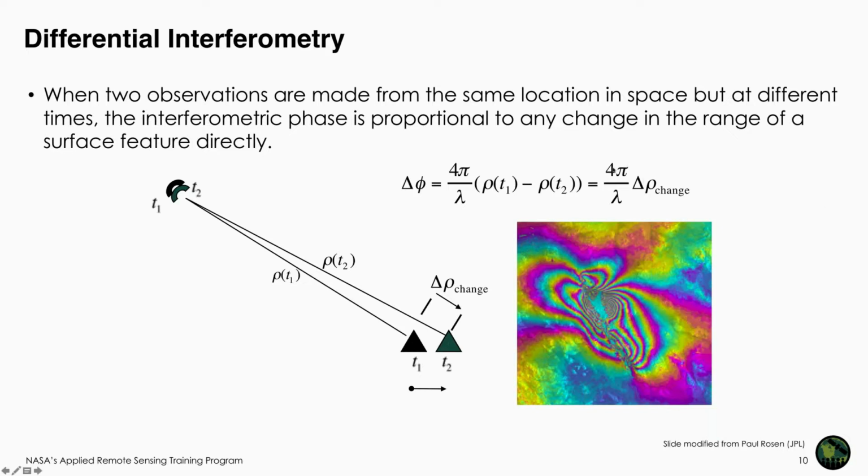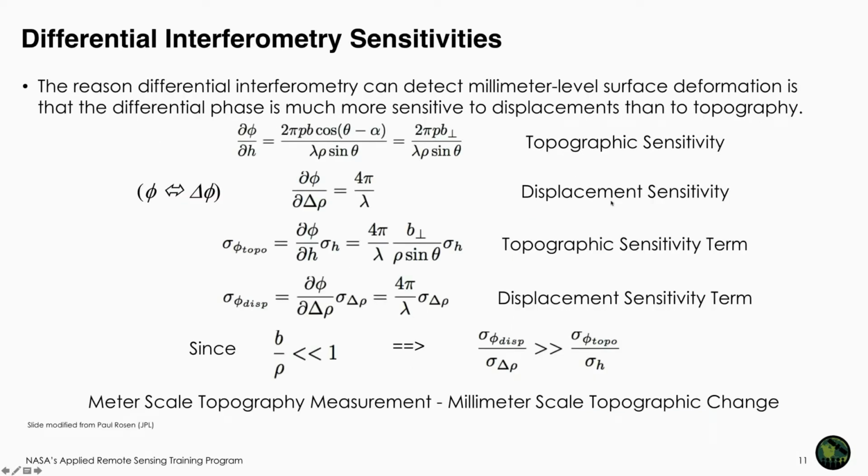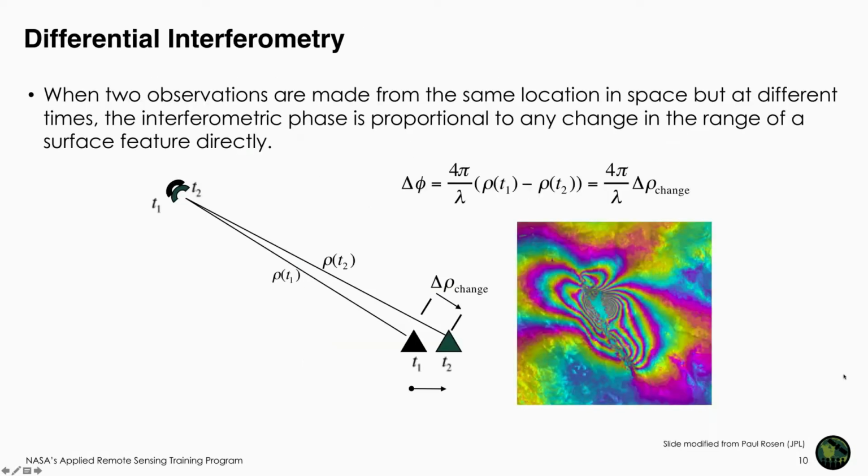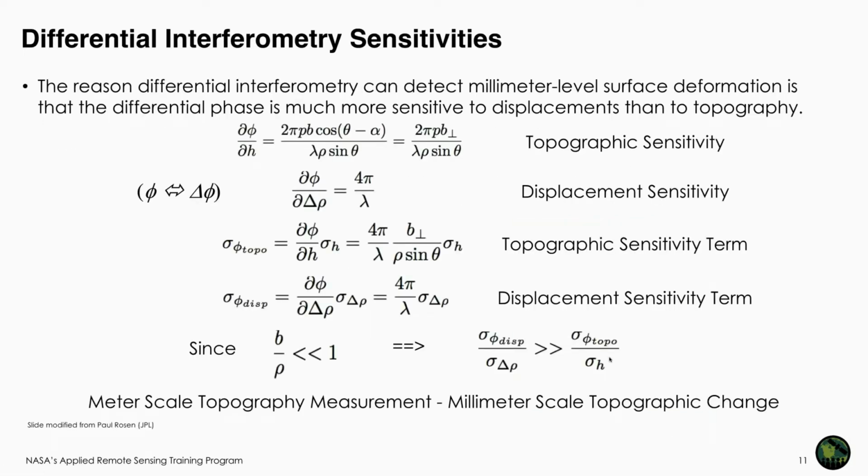And then we can use that same 4 pi over lambda factor to convert it back to actual distance change, rho here in meters. So the key thing to remember is that differential interferometry, where we've subtracted out the topographic signal and are trying to measure surface change, is much more sensitive than the sensitivity to elevation.